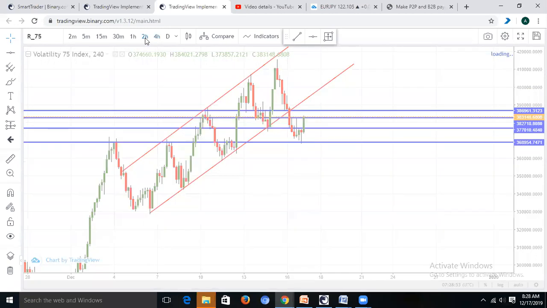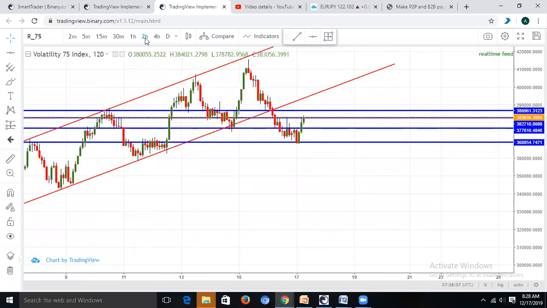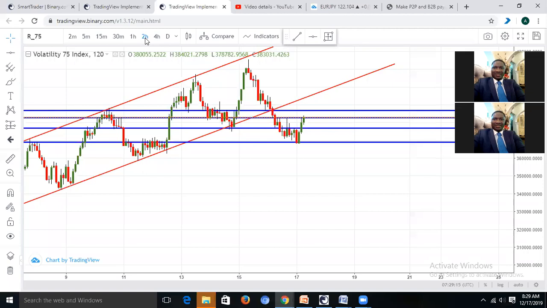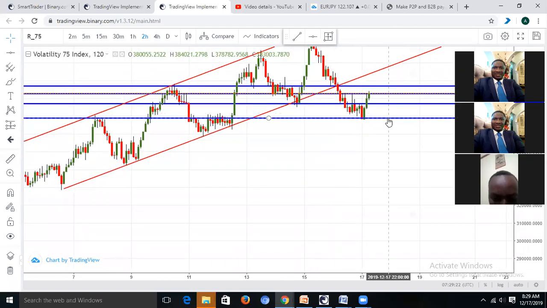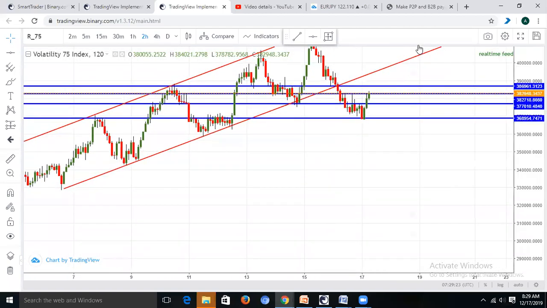Let's look at 2 hours time frame. It may come down from here. It's no longer bullish. I don't think it's still an uptrend.